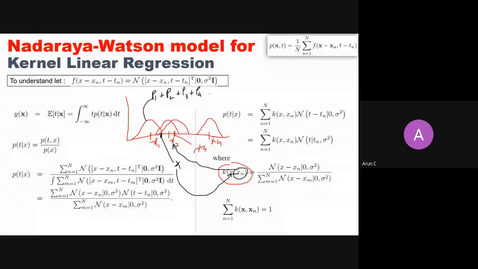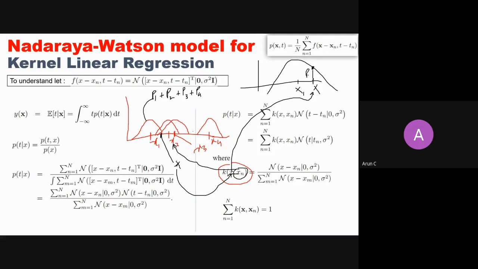So I have, let's say, one Gaussian only. This is for x1, and you are predicting for some unknown x. Then you calculate the probability of it coming from this one. So this is P1.